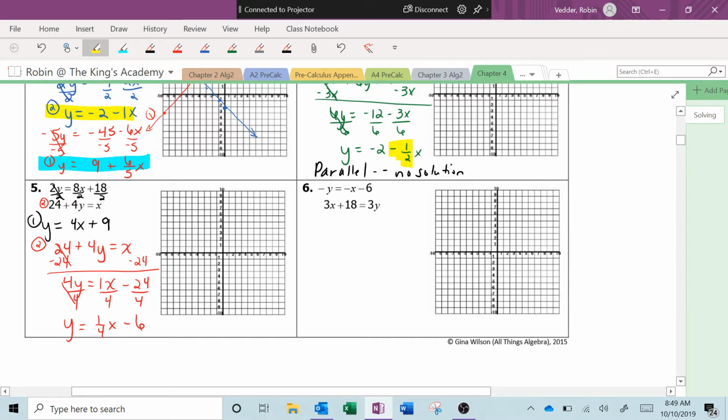Go ahead and graph this with me. So we're going to graph 4x plus 9. This is good practice. So again, graph it on your paper and check and make sure it looks like mine.